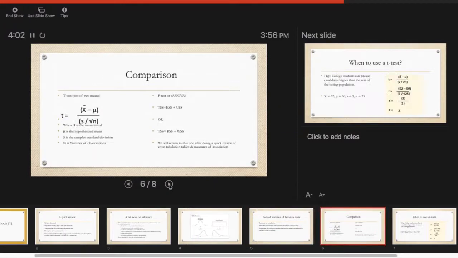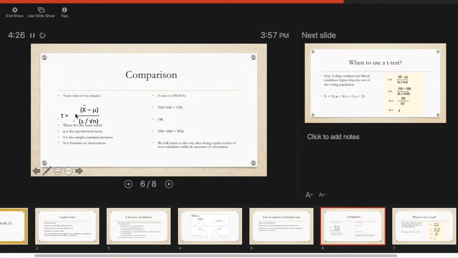So let's talk about what that entails. A t-test typically is understood as a test of two means. There's a lot of different ways in which you can conceive of a test of means. We're going to do it here in just a moment, so we'll walk through this pretty quickly. The basic formula for conducting a t-test is as indicated here on the slide.